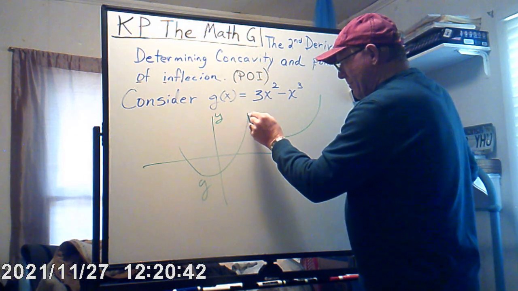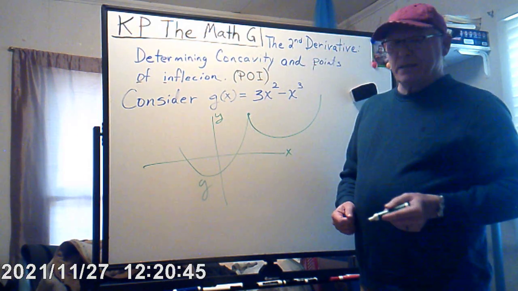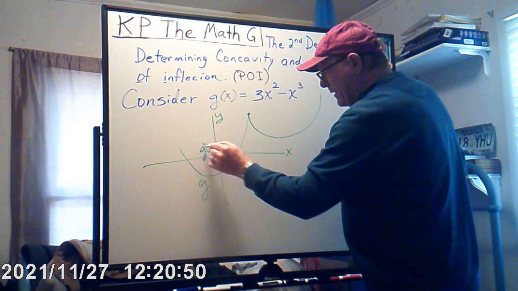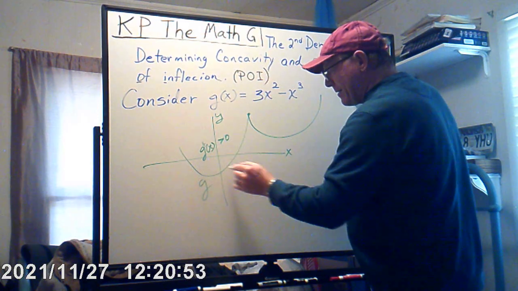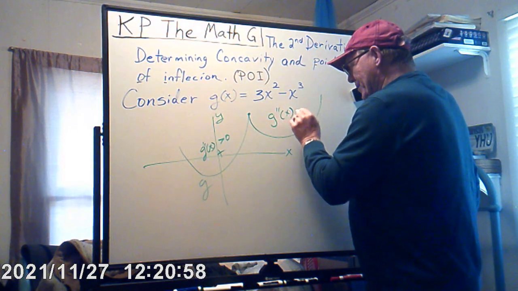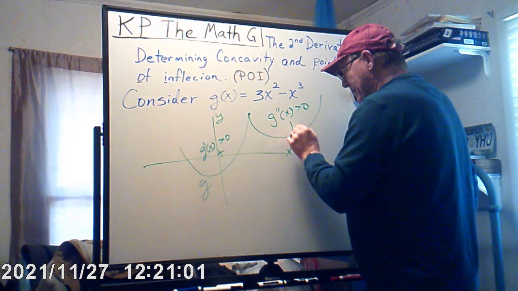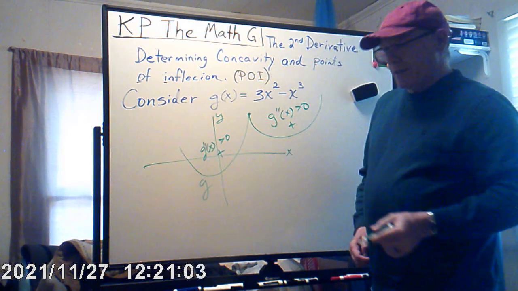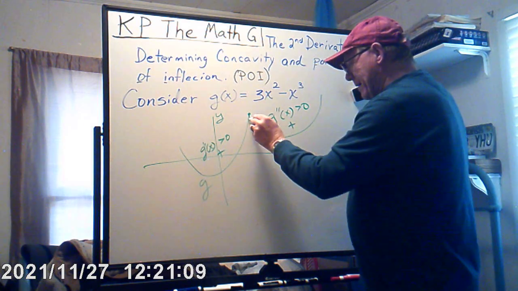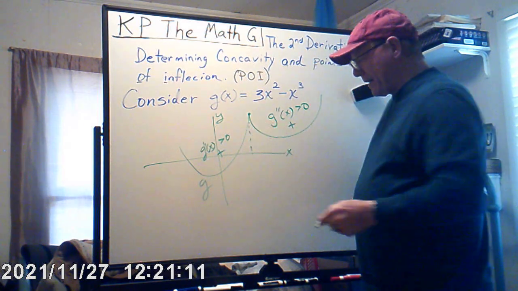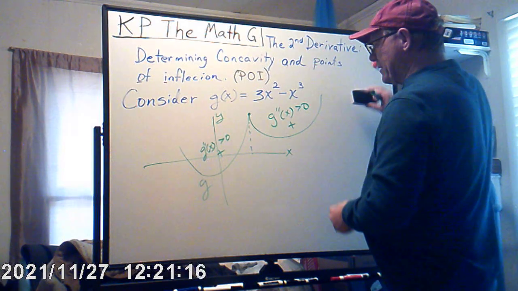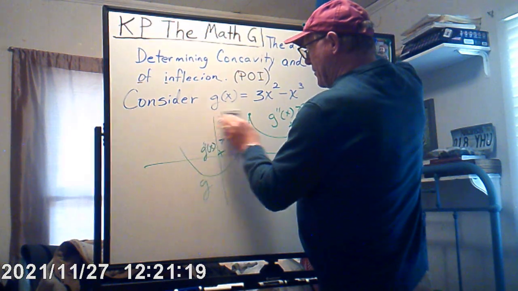If there were a point of inflection, it would be here, but there's not, because G double prime at x is certainly greater than 0, but this G double prime at x is also certainly greater than 0, and there is no sign change. So whatever this point is, it is not a point of inflection. Okay, so that gives you an idea behind those things.